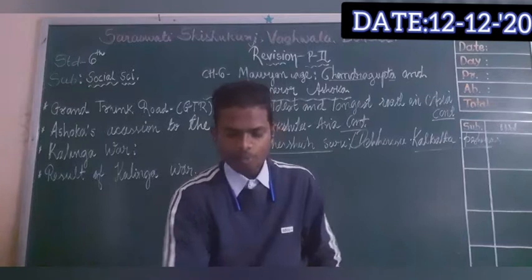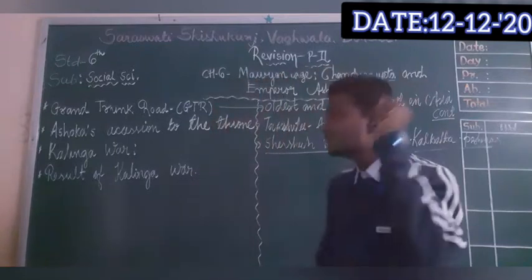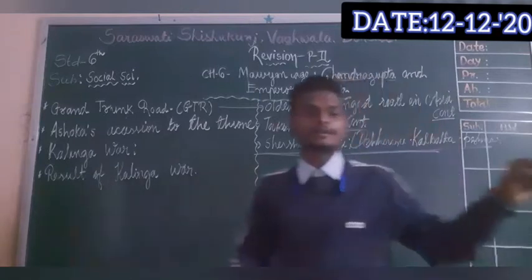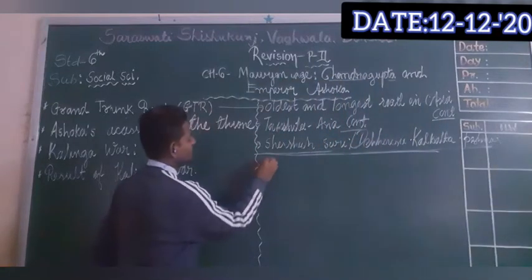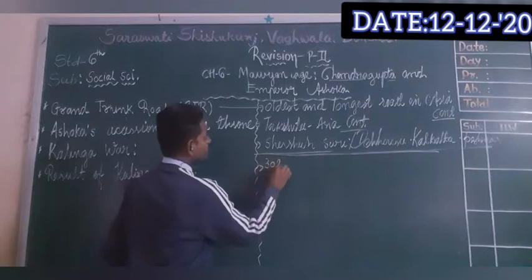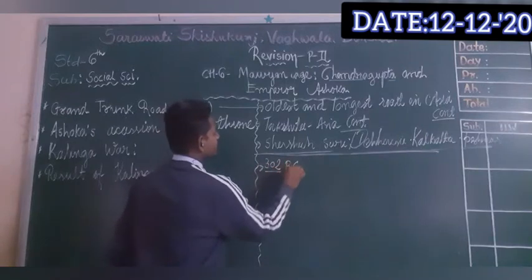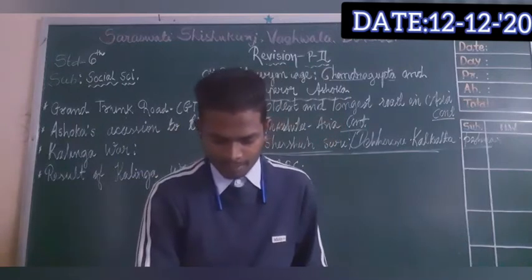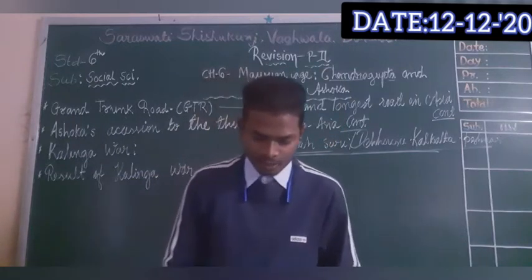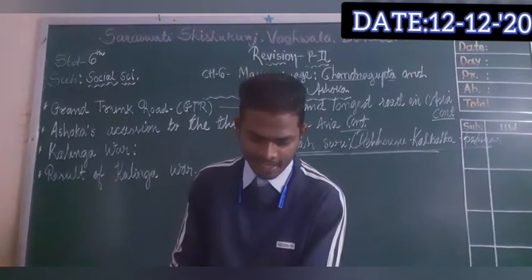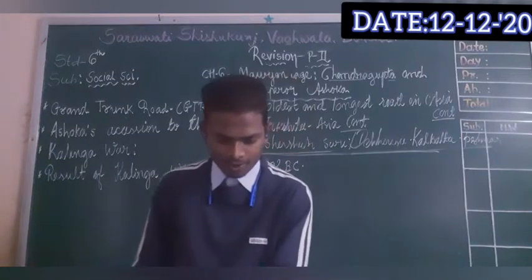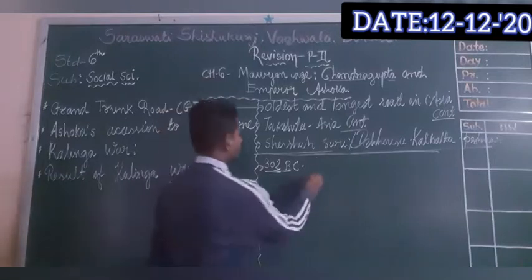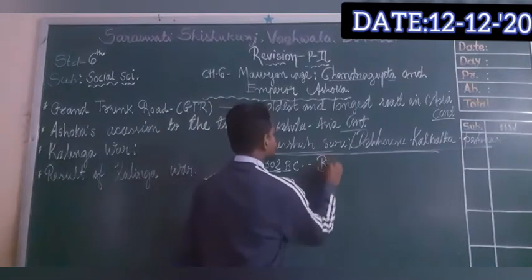He was born around 302 BC. During Bindusara's reign, he served as the governor of Taxila and Ujjain, and thus got enough experience of administration.